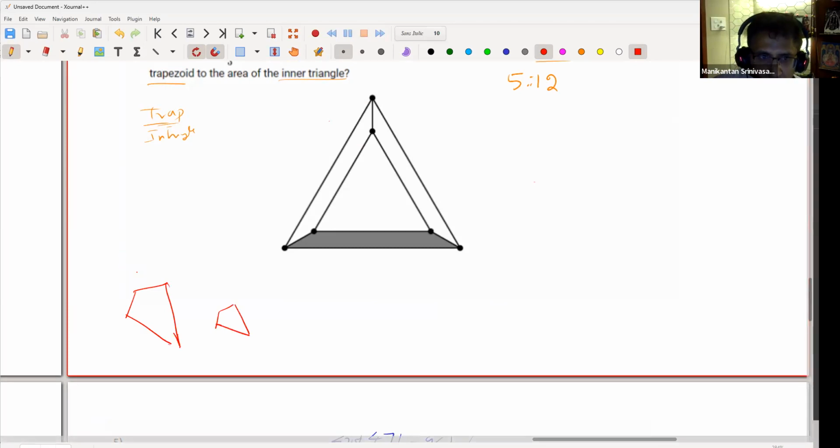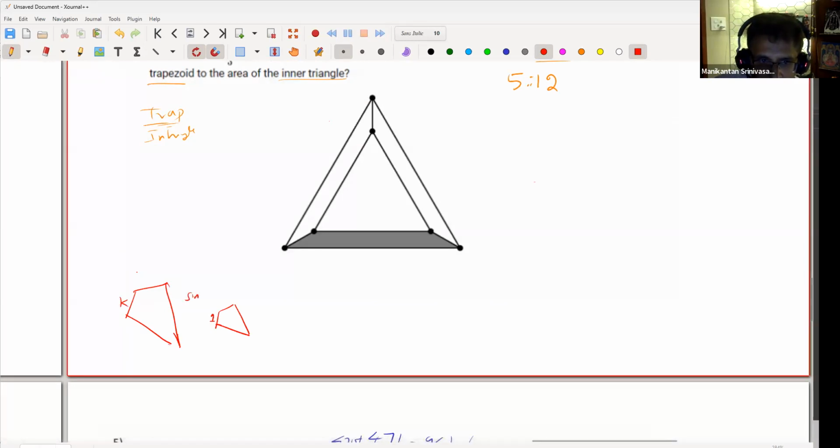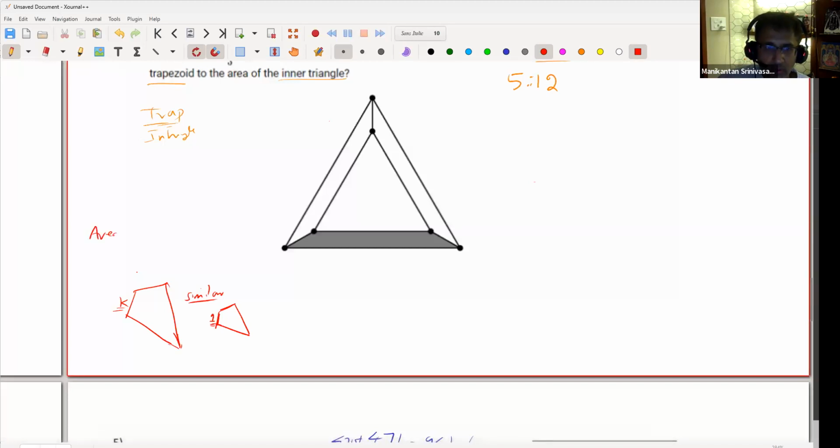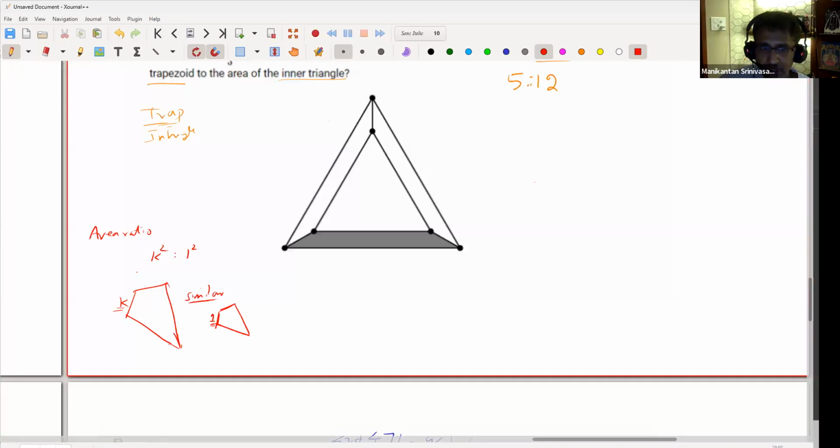if the ratio of the sides is 1:k, let's say these two objects are similar, so lengthwise the ratio is 1:k. If this is 1 unit and this is k units, then the area ratio will be k square is to 1 square, or k by 1 whole square.